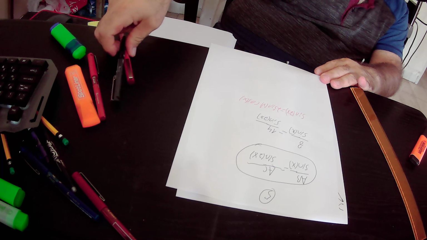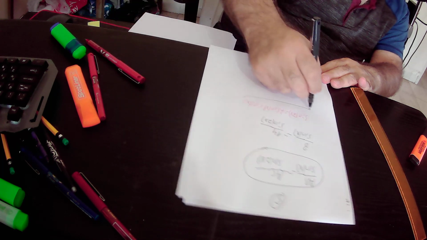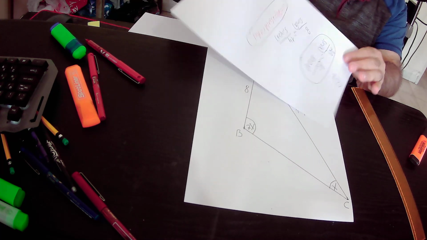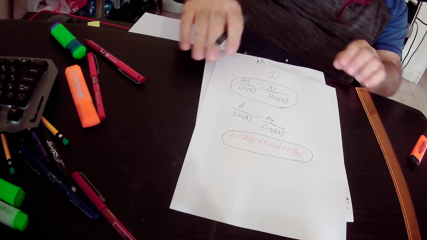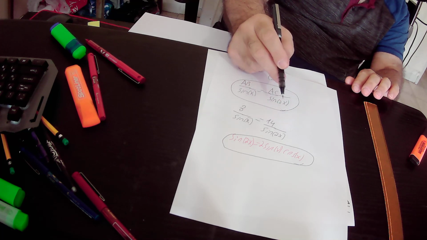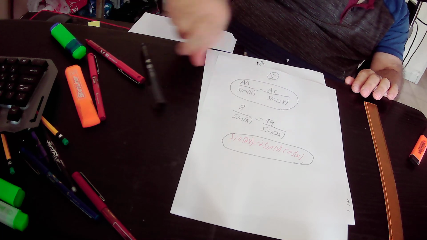So we can substitute sine 2x in this equality by 2 sine x cosine x according to this trigonometric identity.